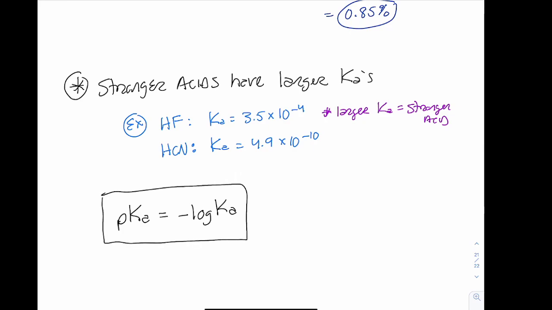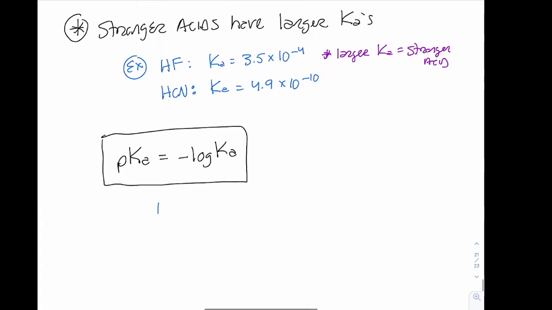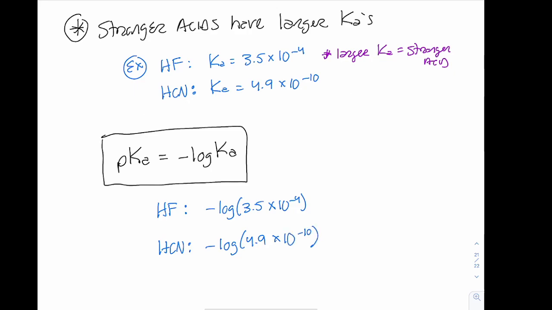So if I wanted to calculate the pKa for hydrofluoric acid, I'm going to take the negative log of 3.5 times 10 to the negative fourth. I'm just going to write both of them here, and then we'll do both at the same time. The negative log of 4.9 times 10 to the negative 10th, right? And that's going to equal my pKa.